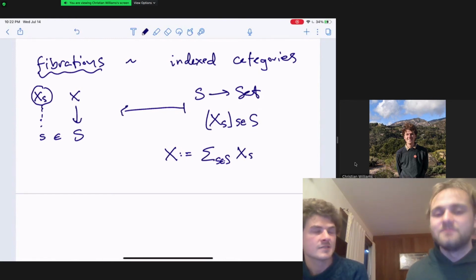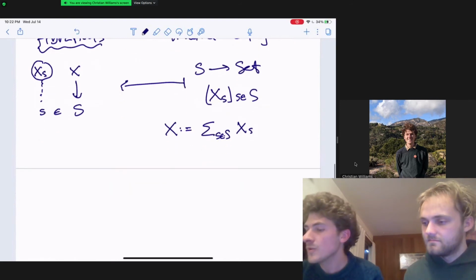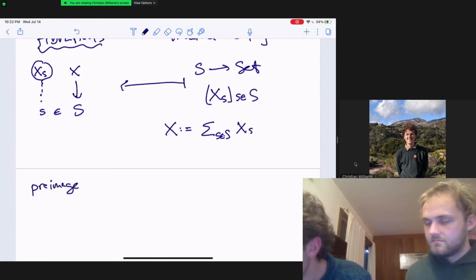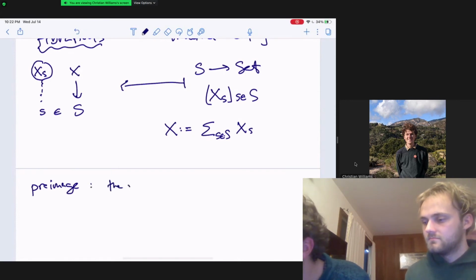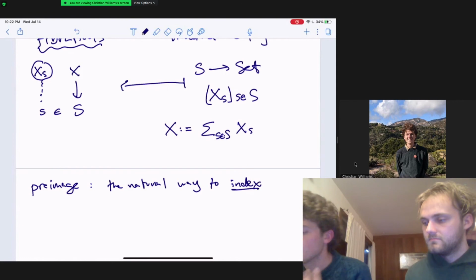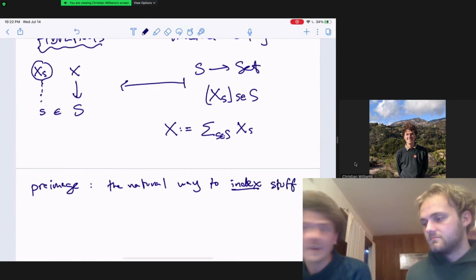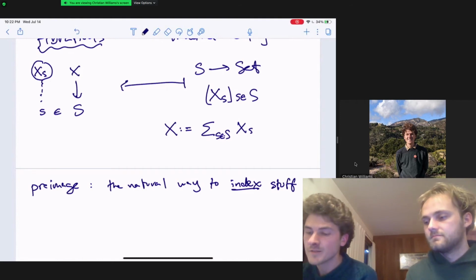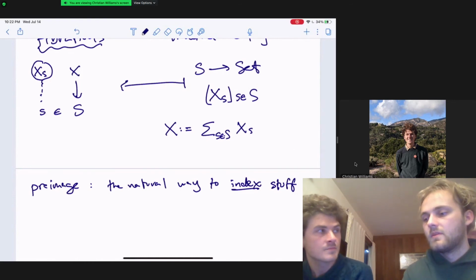The whole message of all this stuff is that the preimage is the natural way to index stuff, and indexing is everywhere in math. Fibrations are just the functors with well-behaved preimage. That's all that a fibration is.